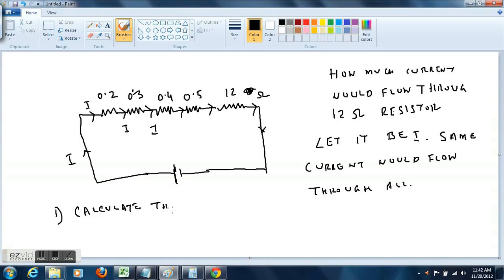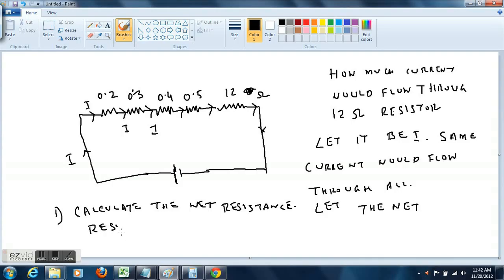So let us calculate the net resistance R and let the current flow be I. We have to find the value of I, because if we can calculate I, that same I will be the current through all the resistances. And to do that, first we have to calculate the net resistance.